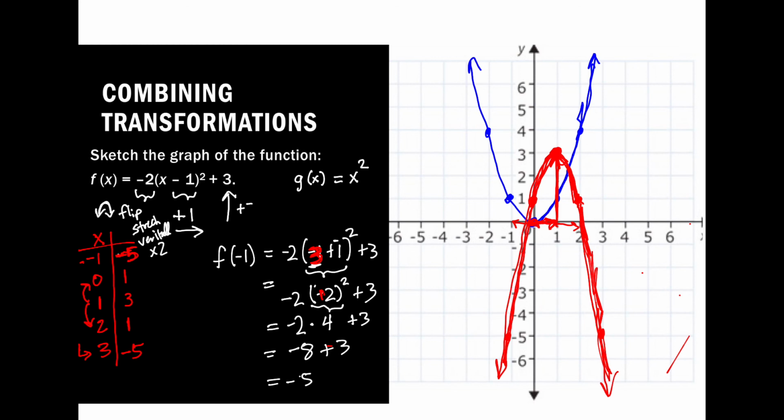So whatever we do to the x, we look at the addition or subtraction of it, and that shifts it in the opposite direction. If we add 1, it moves it to the left. If we subtract 1, it moves it to the right. Whatever we do to the overall equation, after we've squared it, if we add stuff or subtract it, it moves it up or down in the same direction as the sign.